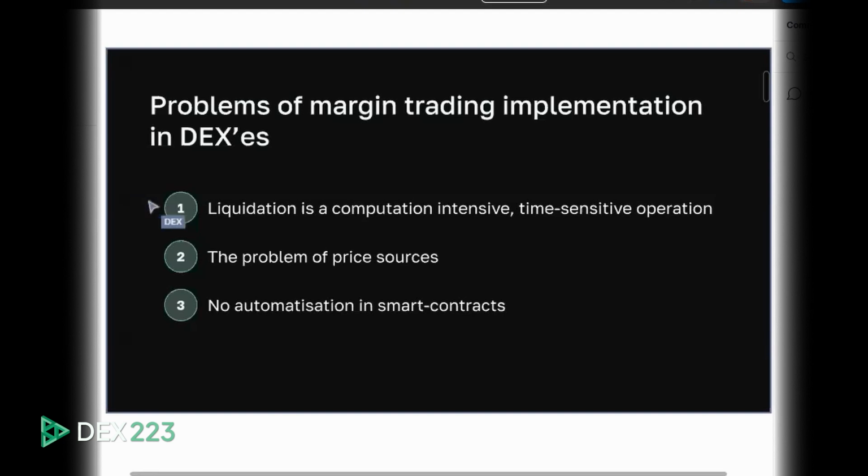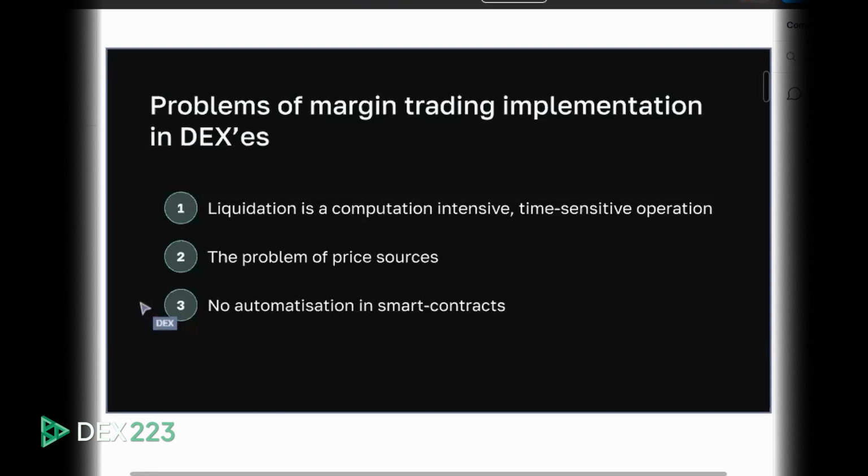And the third and one of the main problems of smart contracts in general, there is no automatization in smart contracts. So a smart contract cannot execute any operation on its own automatically. There always need to be a caller who will trigger the smart contract, and a smart contract can only respond to actions called by humans.